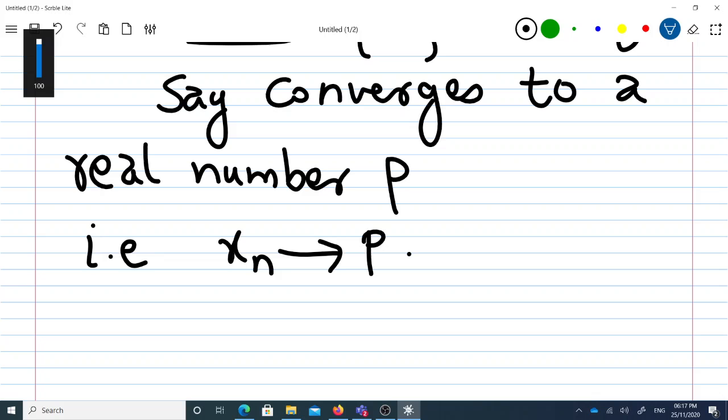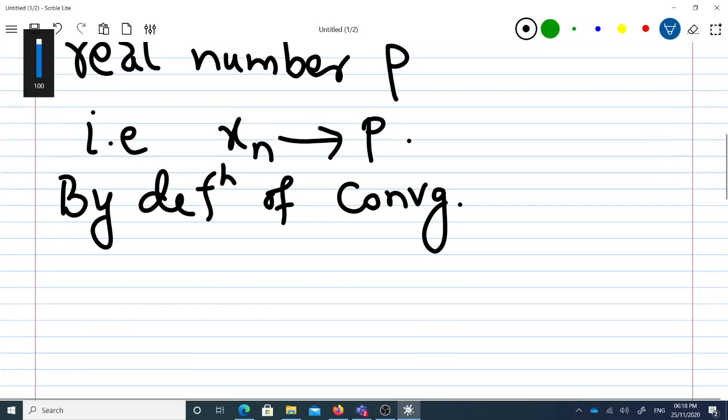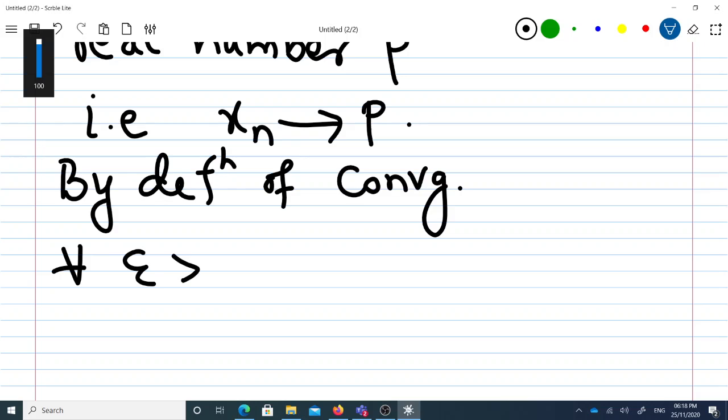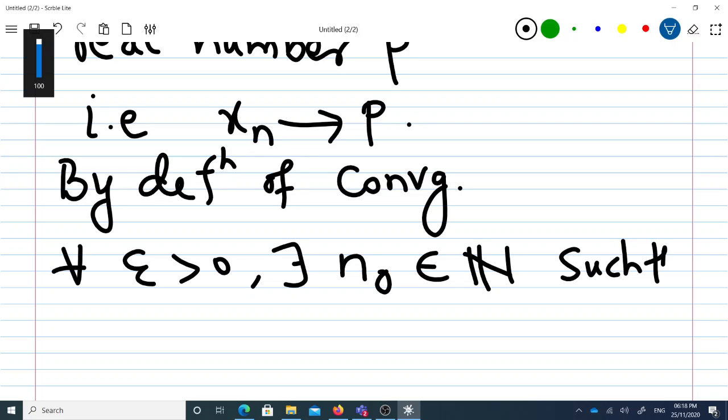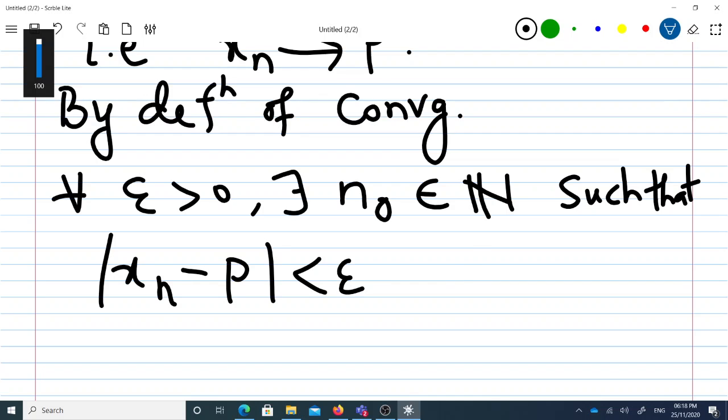So when the sequence xn is convergent to p, by the definition of convergence we can say that for all epsilon greater than 0, there exists n naught, a natural number, such that mod xn minus p is less than epsilon for all n greater than or equal to n naught.